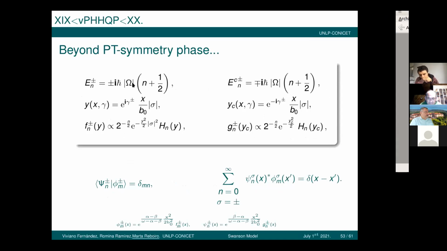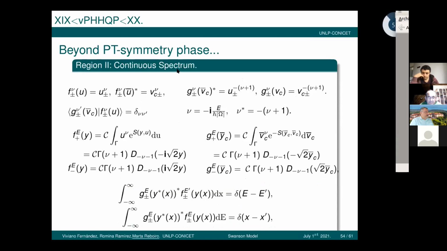We have resonant and anti-resonant states, and with this structure for the eigenfunctions. Concerning the continuous spectrum, we work as I have mentioned before, and the result is a family of eigenfunctions related to the gamma function and to the parabolic cylinder functions.